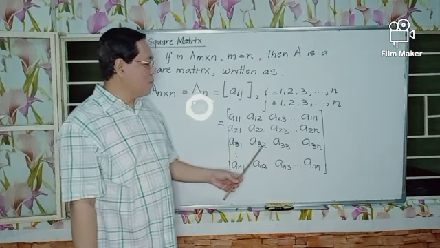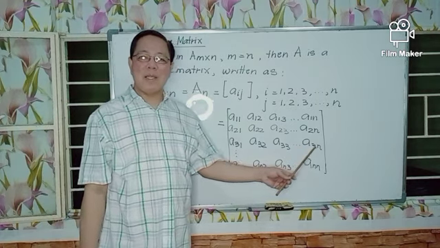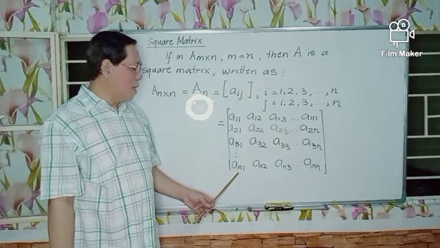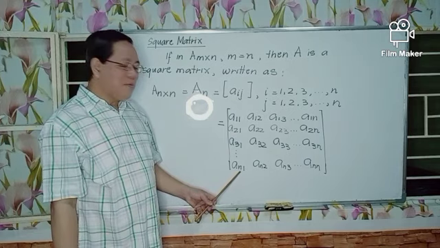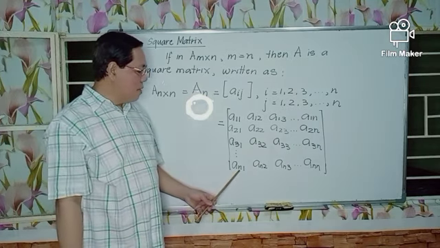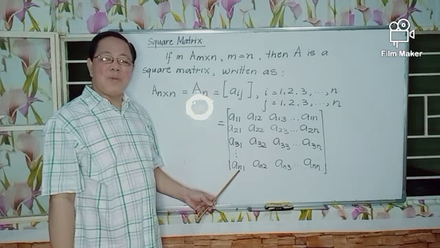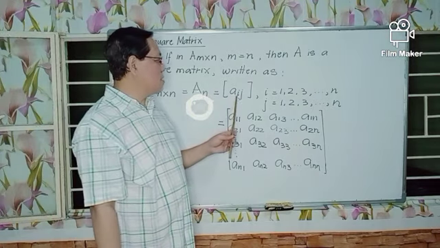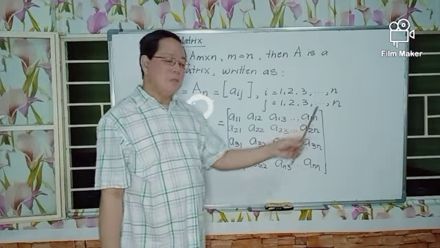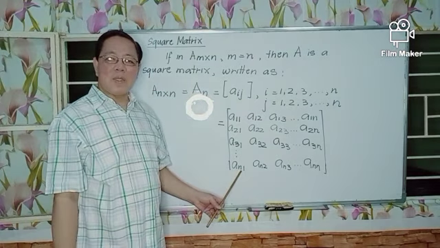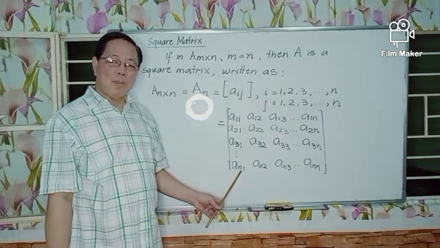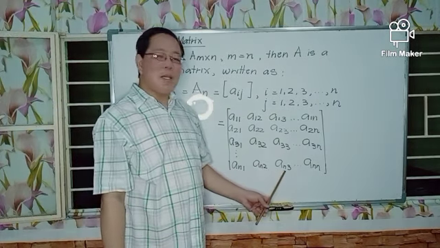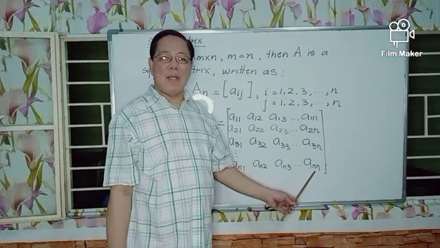And the last row entries are a sub n1, a sub n2, a sub n3 up to a sub nn. The first subscript is n because the first subscript refers to the row number and A has n rows.